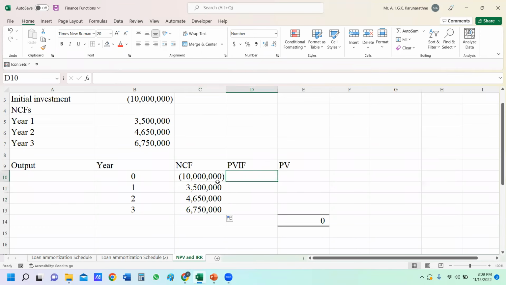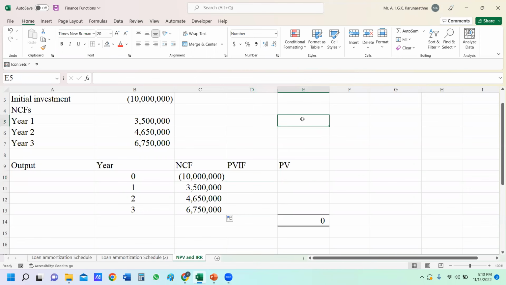Then these are the nominal cash flows. This cash flow should be discounted, or multiplied by the PVIF. PVIF means present value interest factor.